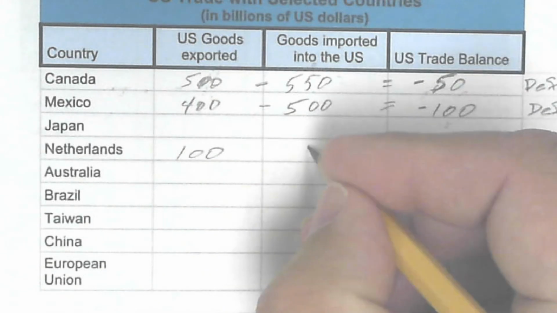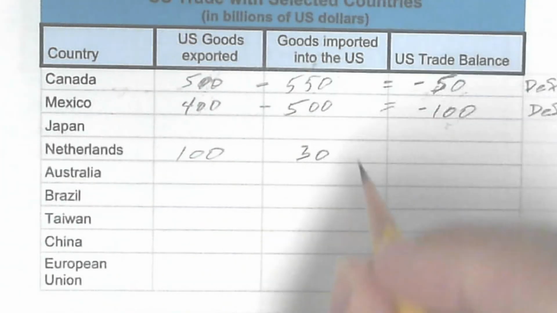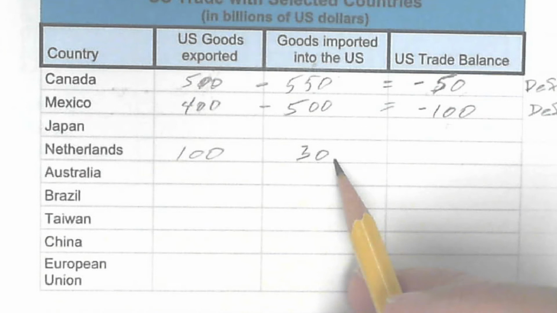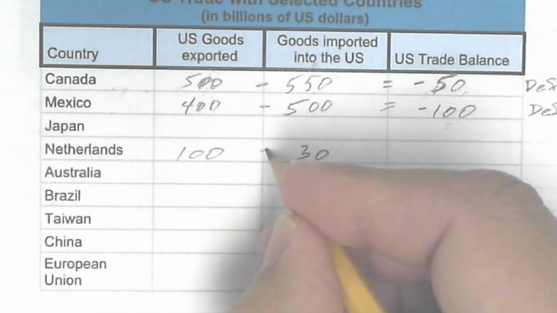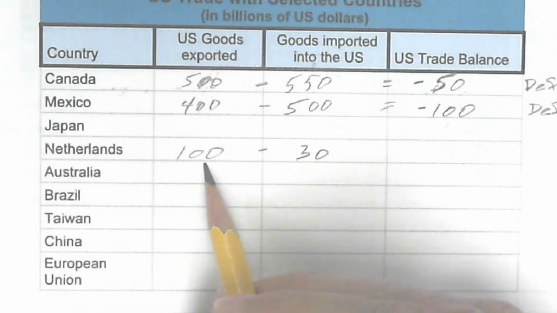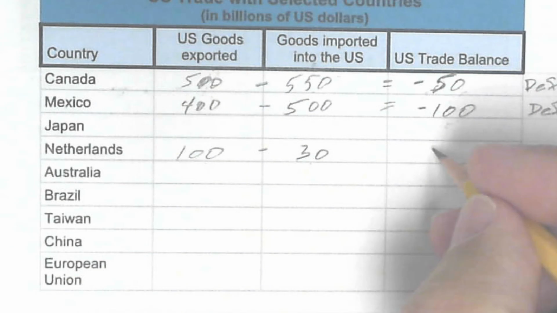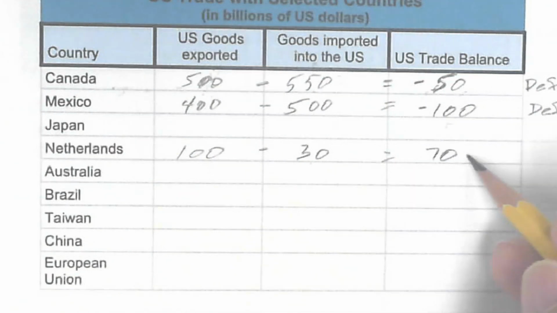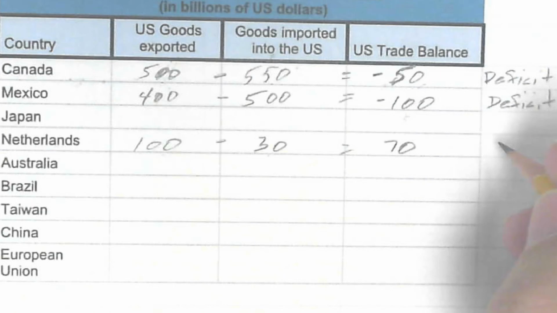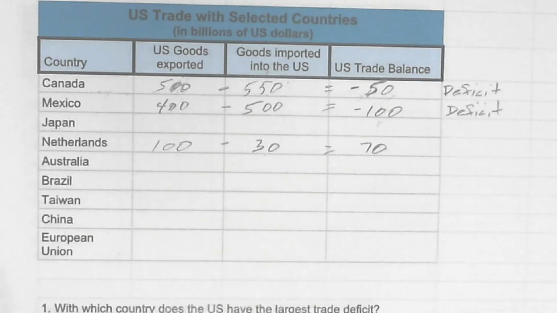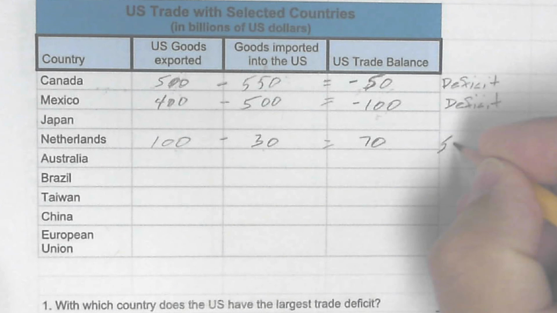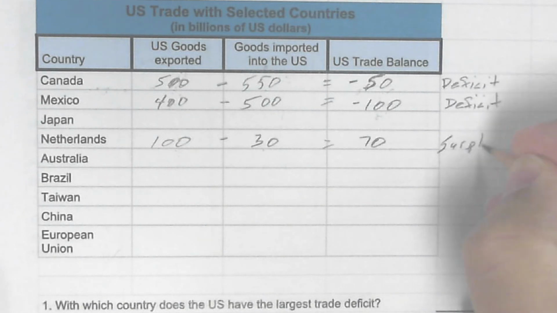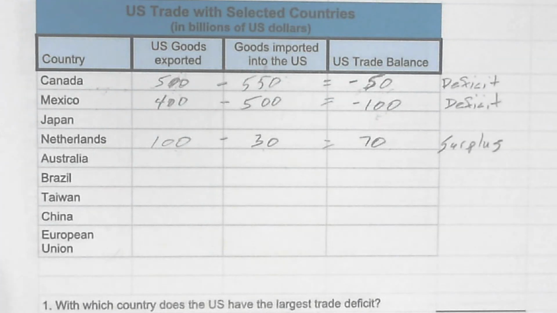Let's say we import $30 billion worth of goods from the Netherlands. So that's going to be 100 minus 30. That's a positive number, so this would be a surplus. So we've got a surplus on that one.